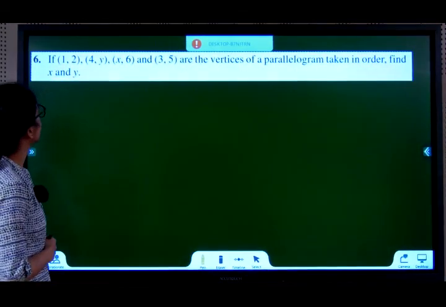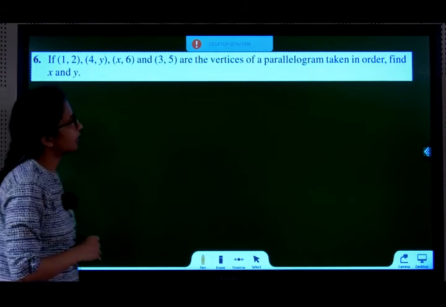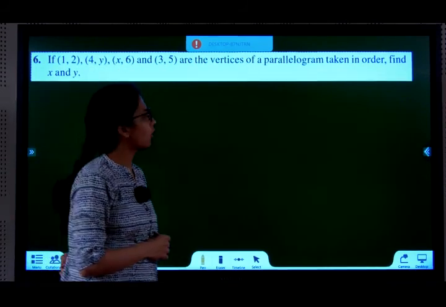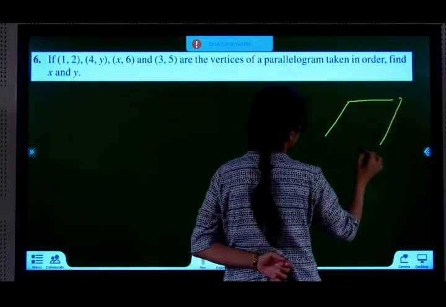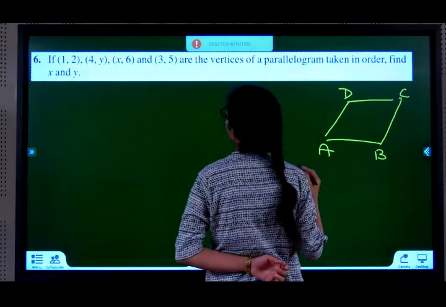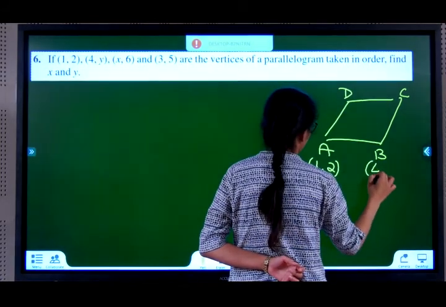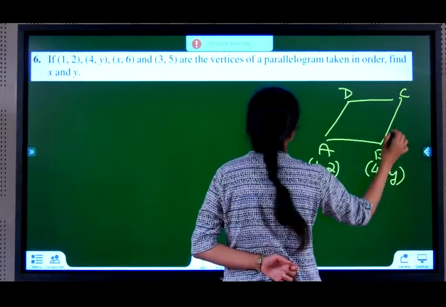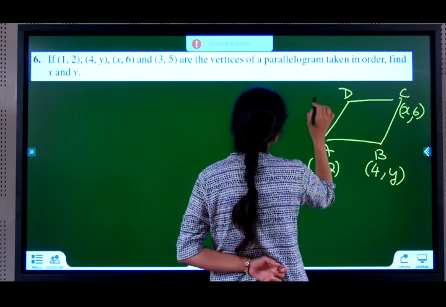Question 6. If, let's call this A, B, C and D, are the vertices of a parallelogram taken in order, find x and y. So they've given a parallelogram. The points are (1, 2), (4, y), (x, 6) and (3, 5).